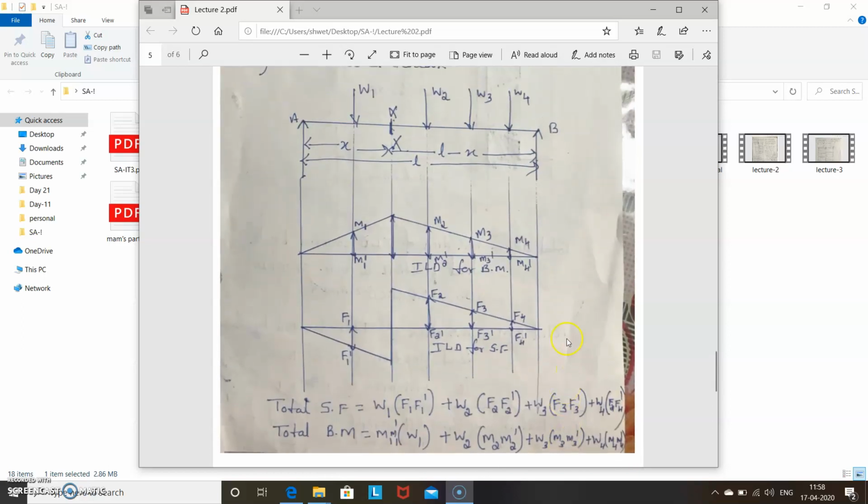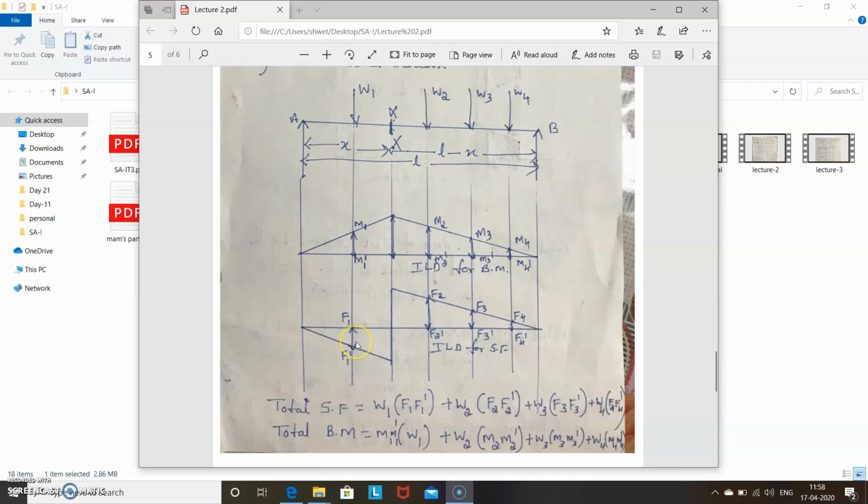After that, you have to find the total shear force, because there are 4 wheel loads. How can you find the total shear force? Whatever load is given, W1, is multiplied by F1, F1 dash.